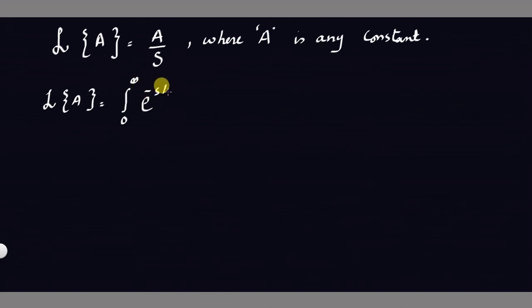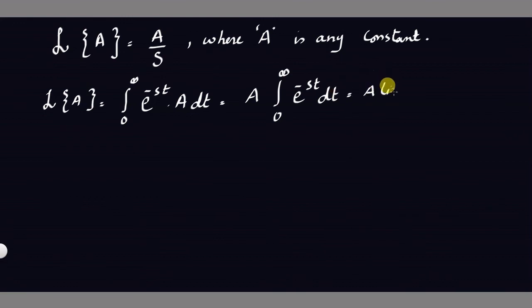you just need to insert the function of t, that is a, here, and just take a out of the integral, and the remaining improper integral will be in this form.